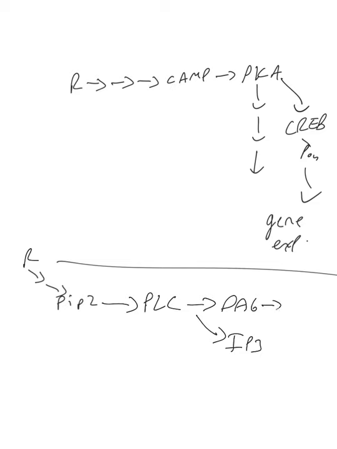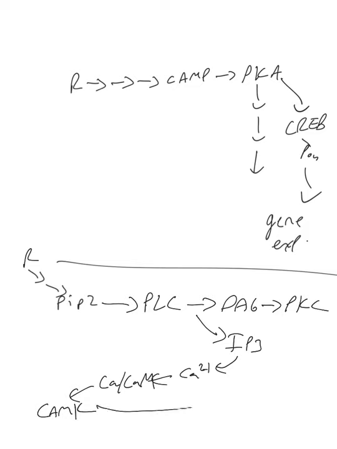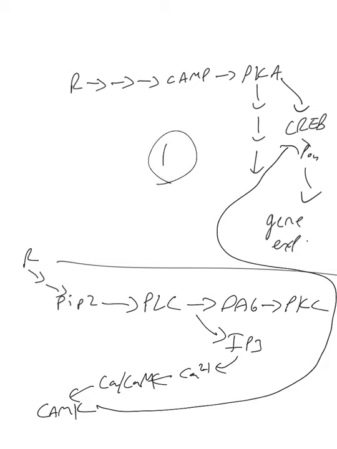And how diacylglycerol is upstream of protein kinase C, and IP3 can mobilize calcium, and that can cause the calcium calmodulin complex to form, and that can activate the CAMK. And what did we see downstream of CAMK? CREB. So there's your convergence of two totally different signaling pathways. The cyclic AMP PKA pathway up here, the PIP2 pathway down here.